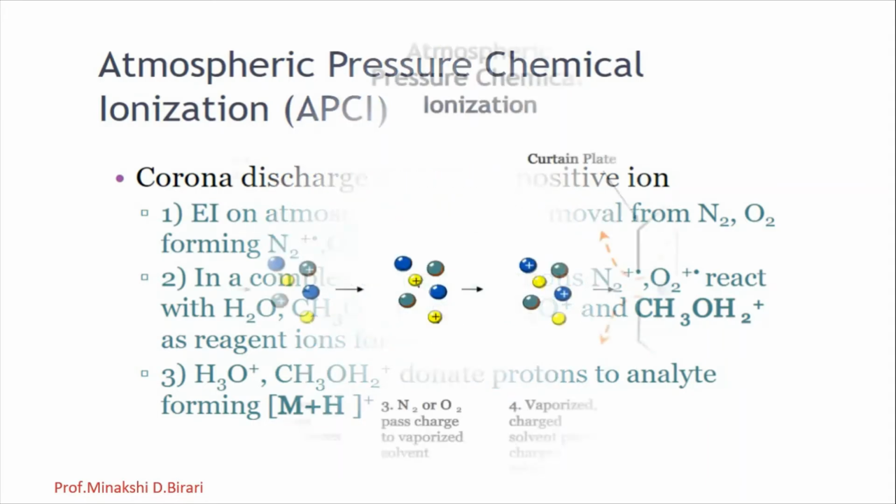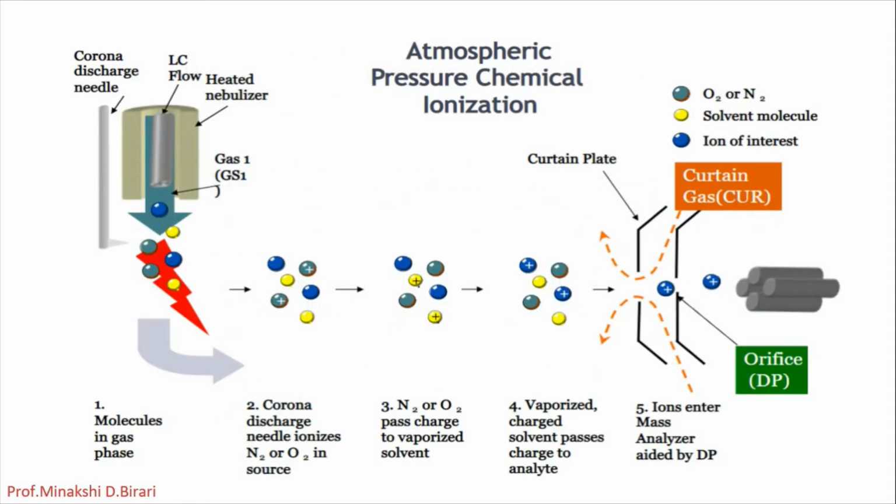Let us see the methodology in APCI. The first step is the eluent. The eluent, that is analyte plus solvent, comes out from the column and enters into a heated capillary tube. The LC or HPLC flow contains analyte plus solvent. It comes out from the column and enters into the heated capillary tube.